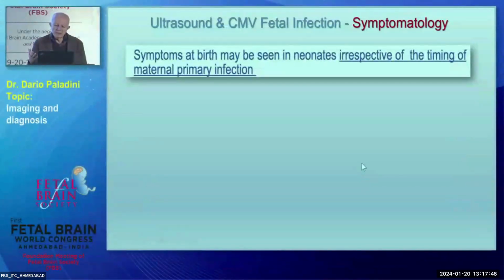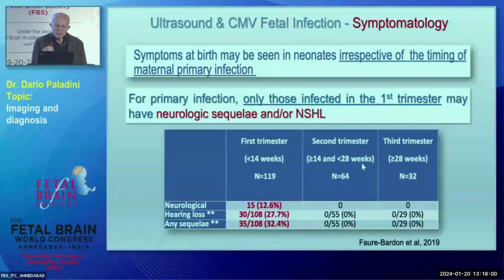The second concept is that symptoms at birth in the neonates may be present irrespective of the time of maternal infection. So they occur regardless of whether you have been infected in the first, second, or third trimester. But what does change is that major neurodevelopmental delay and cerebral sequelae, as well as neurosensory hearing loss, appear only if you have a seroconversion or infection limited to the first trimester of pregnancy.